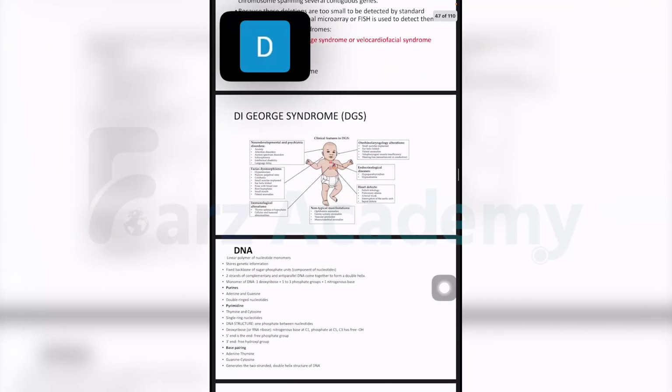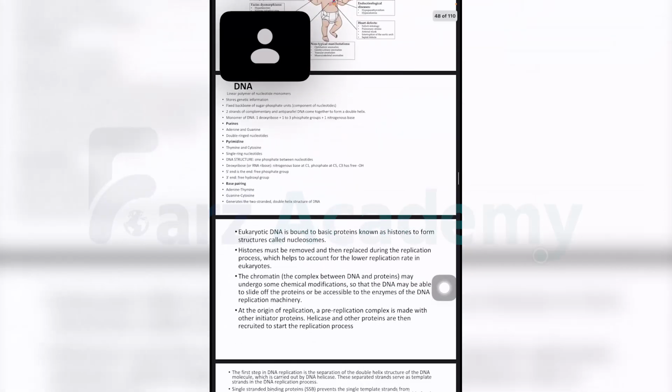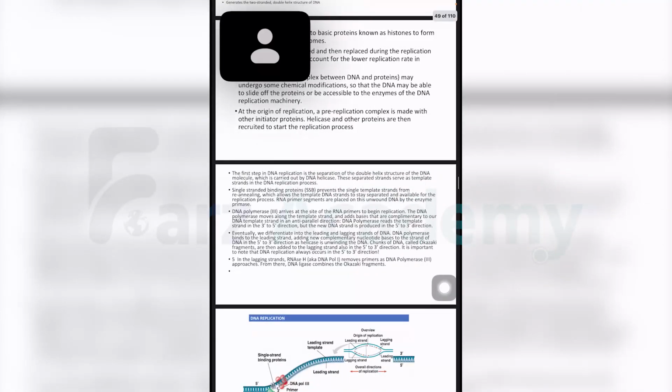CATCH-22, can somebody tell me the full form? Anyone? DNA structure we saw, right? Histones, nucleosomes.